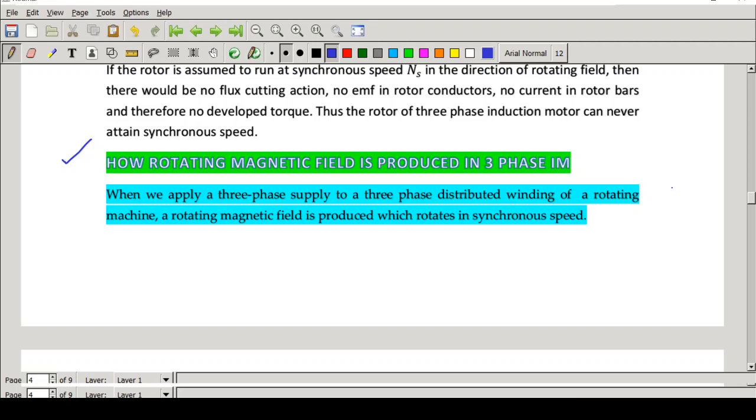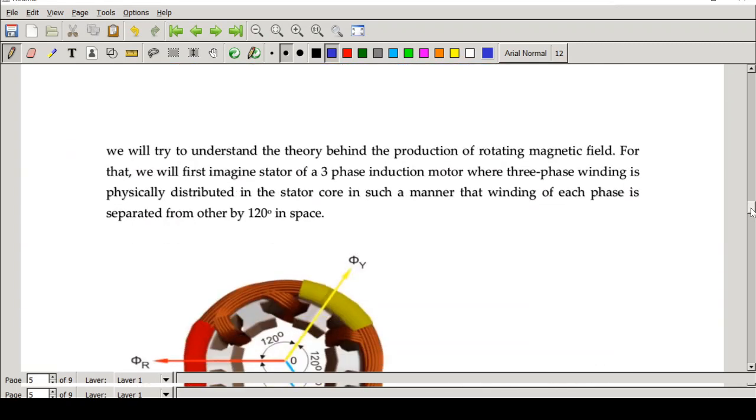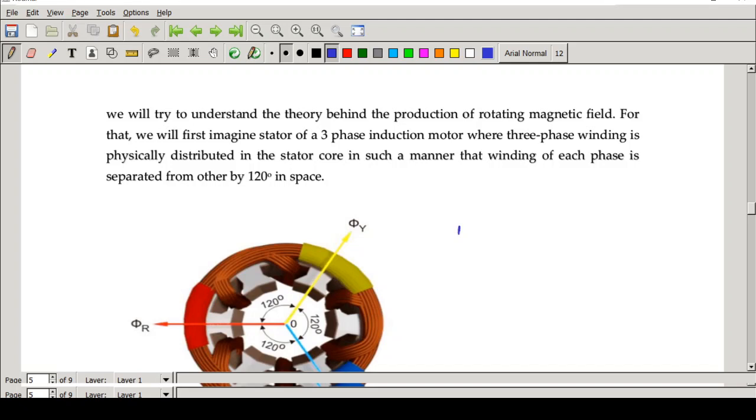We can write IR, that is the current in the red phase, plus IY, the current in the Y phase, plus IB, the current in the blue phase. This will be equal to 0 because this is a three-phase balanced supply.